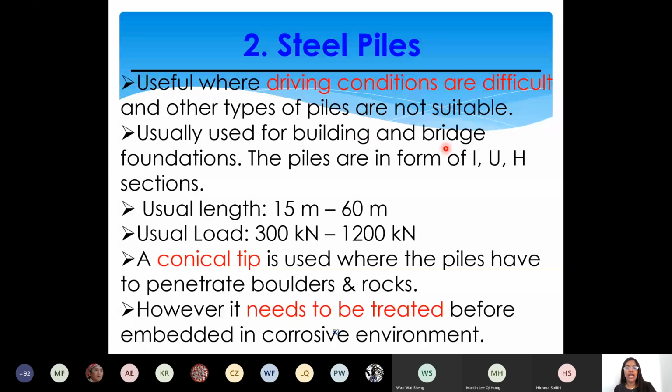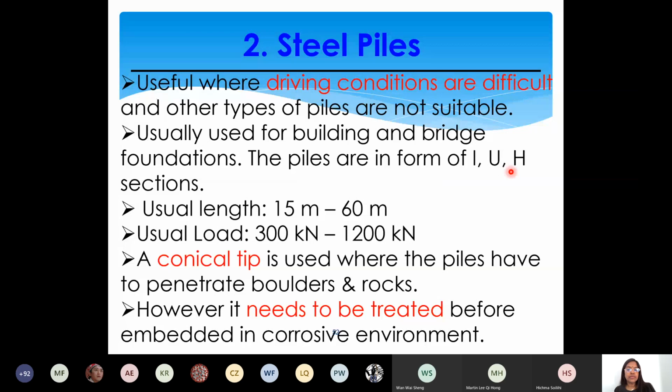It is usually used for building and bridge foundations, in high-rise buildings and hilly terrain, where half of the strata may be rock, and then suddenly water, suddenly soil. There is a chance of changing, right? So you can go for steel piles, which can penetrate easily into the surface.